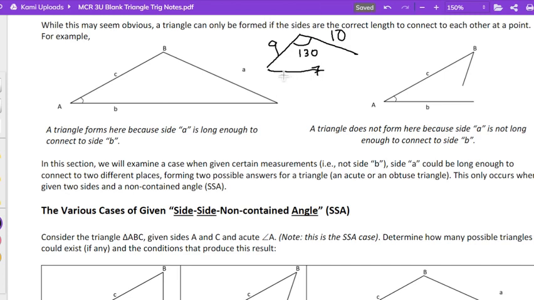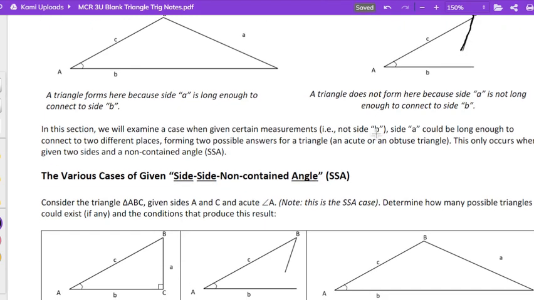All lines would not touch. Here's another example, where we have two lines and this third line is kind of hanging there. It's not long enough to connect. So let's figure out what lengths we need in order for a triangle to exist.